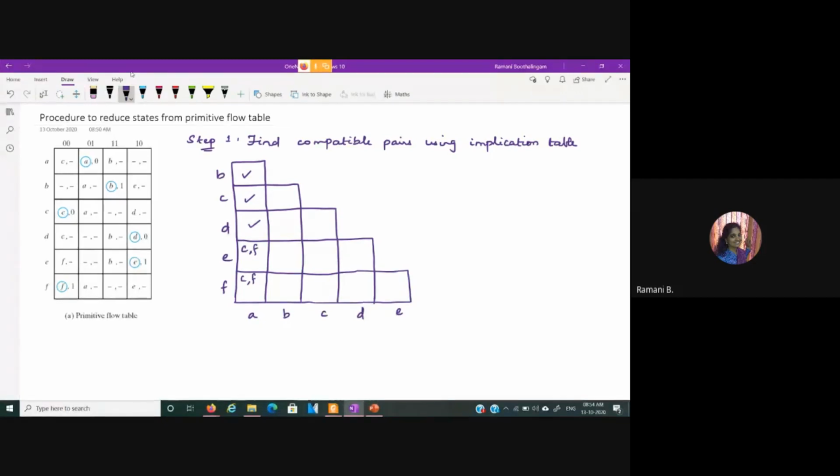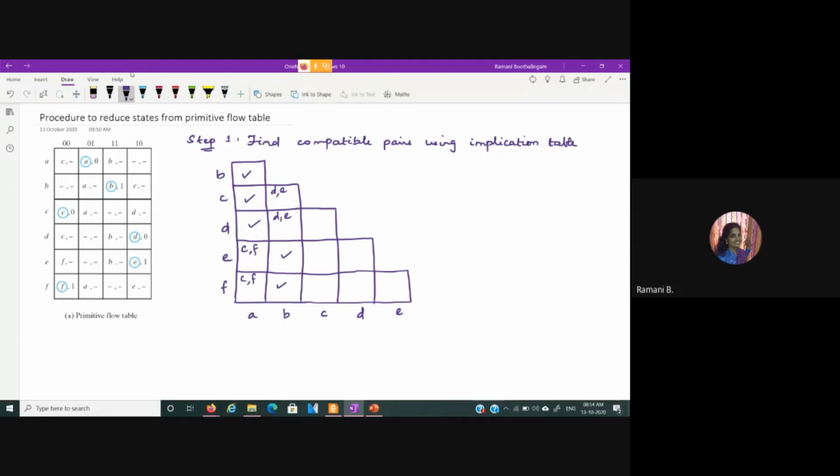Here you have D comma E, that is, if D and E are compatible. Then B and D, here also again D comma E. Then with B and E, we don't have any issue, so we give a tick mark. Then with B and F, no issue, so we give a tick mark.